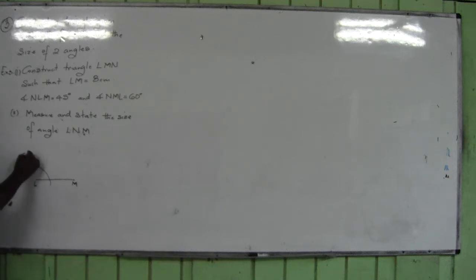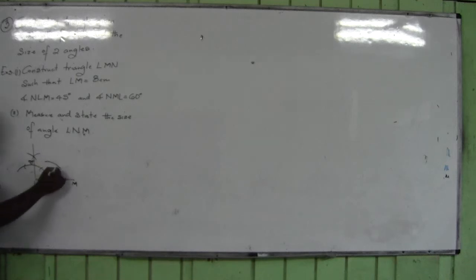Put it at 120, scribe. Put it back at 60, scribe. Draw my line down. That is 90 degrees. This is 0, this is 90. I would then open the compass a little bit wider, put it at 0 and scribe, then put it at 90 and scribe. A line from L through here will give me 45 degrees.